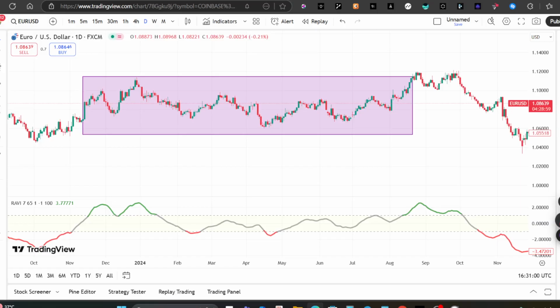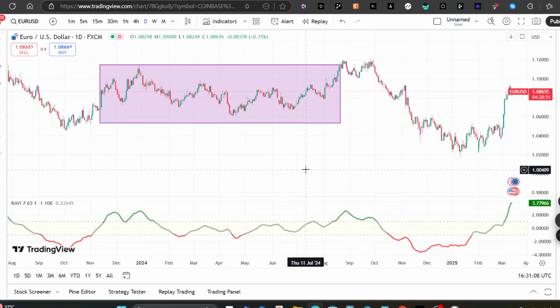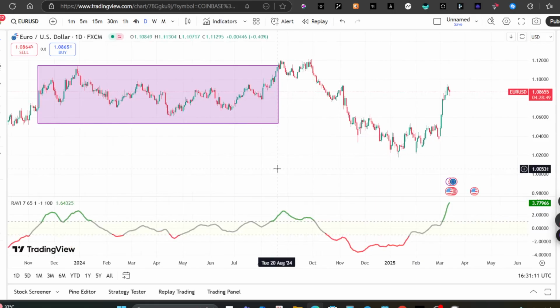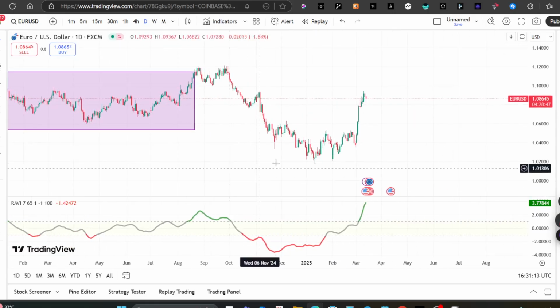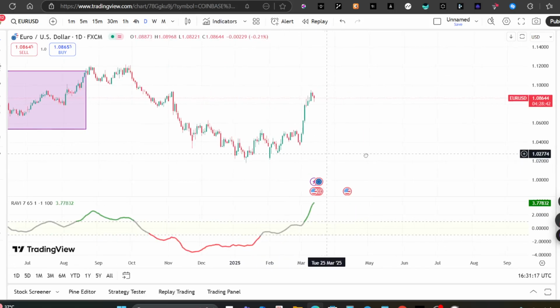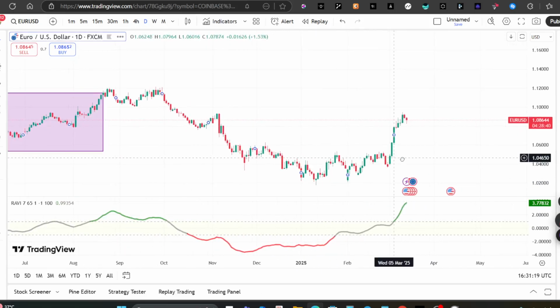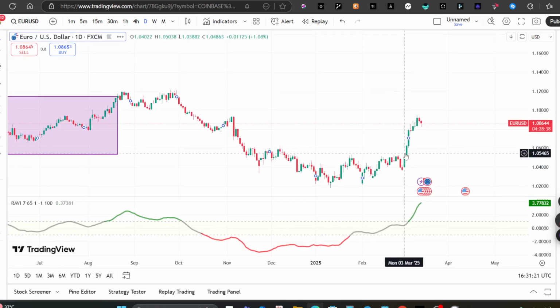Now that we know what the range action verification index is, let us talk about how it works. When you apply the index to your chart, it essentially evaluates the strength and consistency of price movement within a specific range. It works by comparing the current price action against historical price movement patterns to see if there is enough momentum to confirm that the range is valid or if a breakout is more likely.